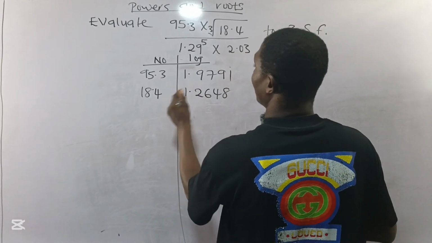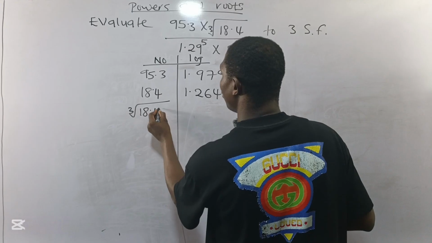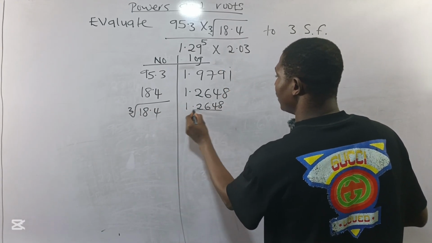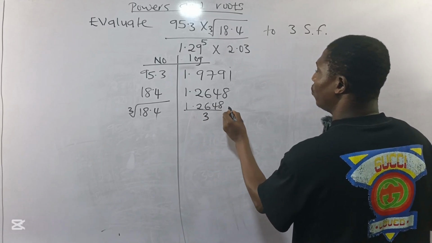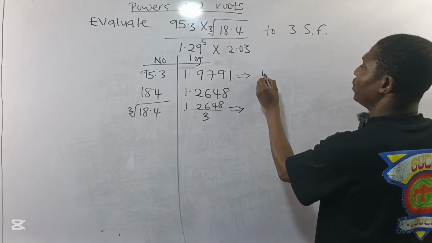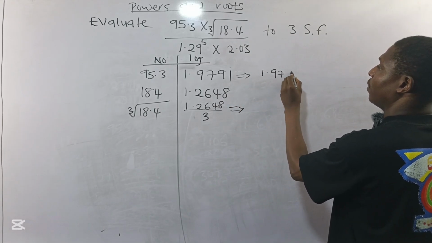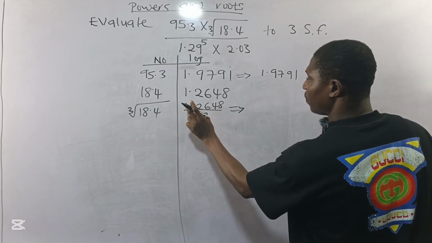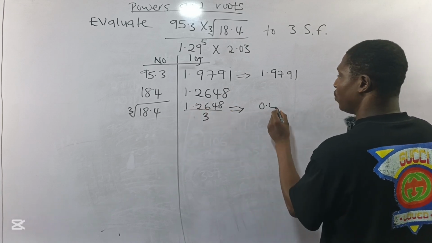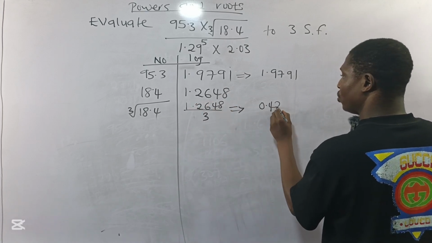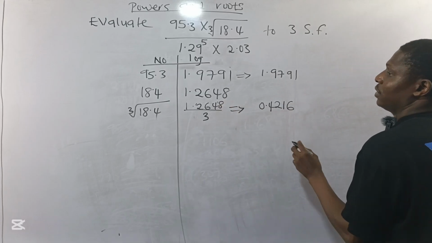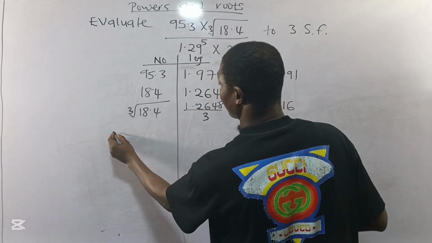So the third root of 18.4 will give me 1.2648 divided by 3. One divided by 3 is 0, carry 1, 12. 3 into 12 is 4. Into 6 is 2. Into 4 is 1 remainder 1. Into 18 is 6.